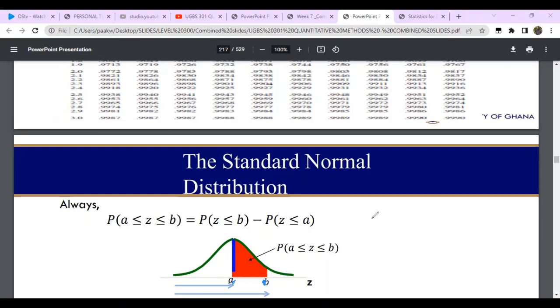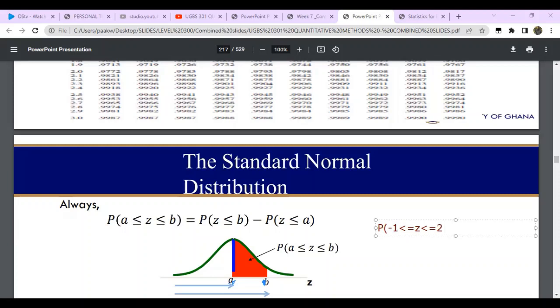So when you see something like this, probability that, let's say, -1 less than or equal to Z, then Z is also less than or equal to what?